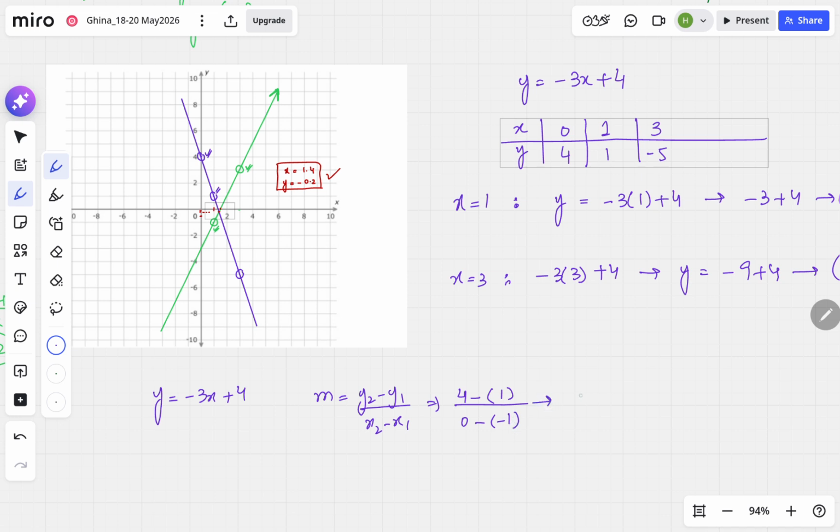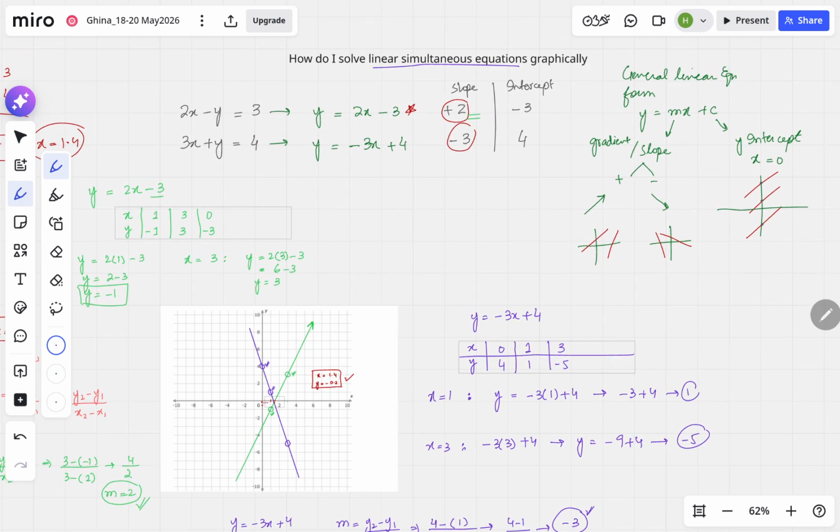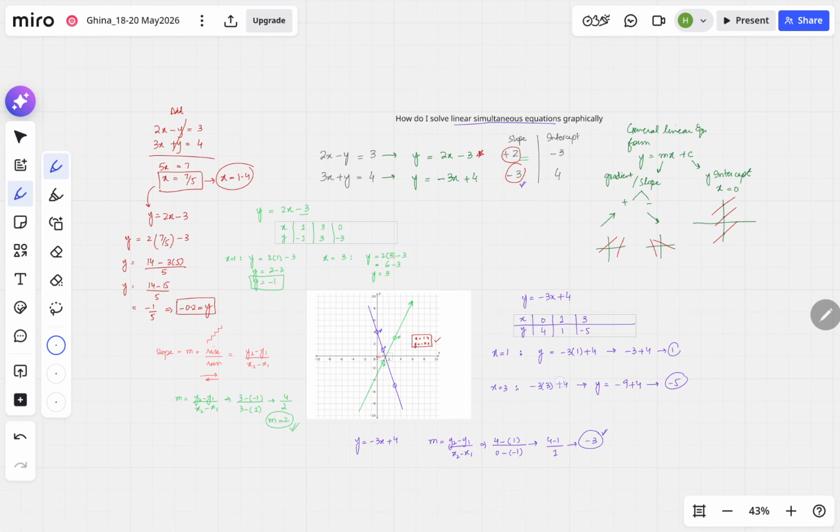So this will be 4 minus 1 divided by minus 1, so this is minus 3. You see our slope exactly matches the given equation. So this is how we solve simultaneous linear equations graphically.